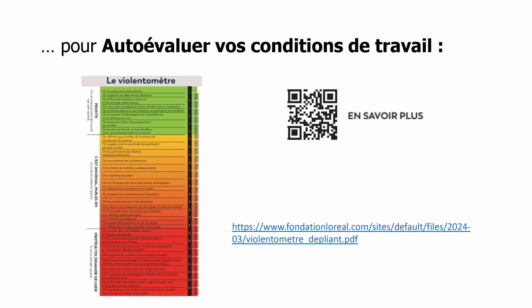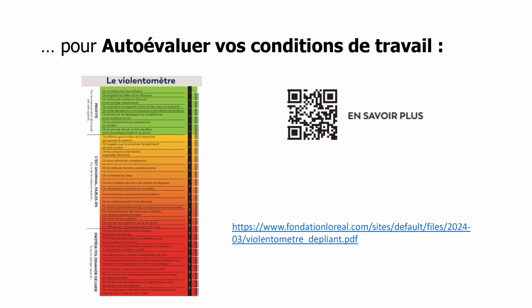And you can always self-evaluate your work conditions. For example, you have this infographic that you can print and put at the door of your office to be sure that your work environment is always respectful. You have the link that you can also find on the website and on the intranet, and the QR code to have more info about it.